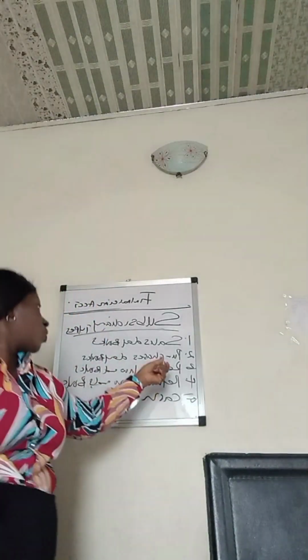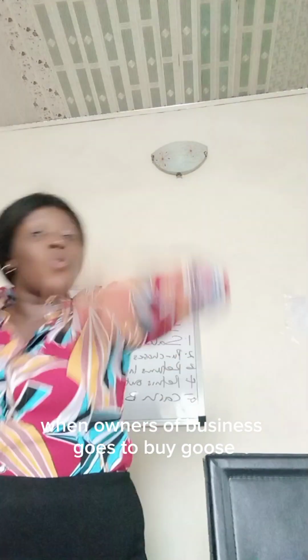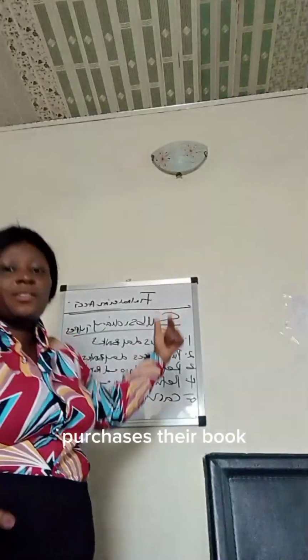Have we understood now? Now, back to back, purchases day book. That is the opposite of the sales day book. We call it a purchases day book because they are books used to record goods that were purchased by companies or owners on credit. When owners of a business go to buy goods and do not pay for them, they have a right to what we call a purchases day book.